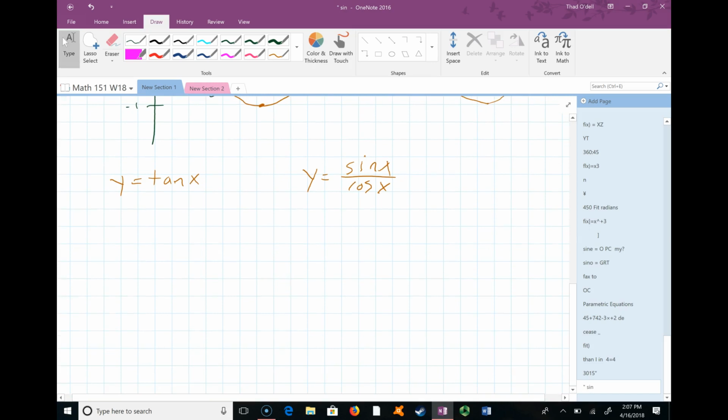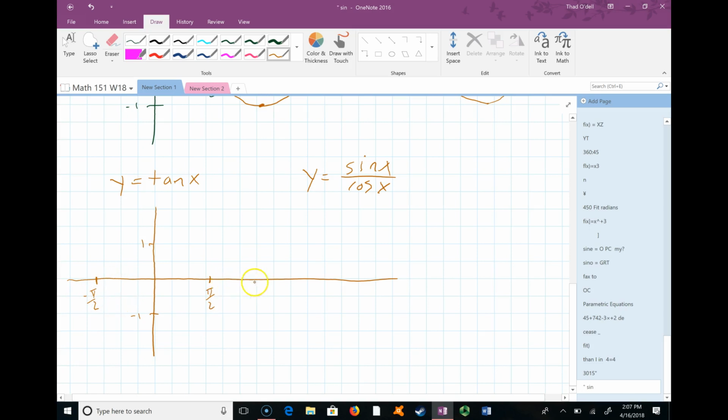Okay, so here we go. Tangent x. So like I said, I'm going to think of tangent as sine over cosine, because that's what it is, and I know sine and cosine really well. So I'm going to graph just like I did before. Whoops, I put -1 there. That's embarrassing. Put a 1 and a -1. Put a pi over 2. Probably put a little negative pi over 2 out here.